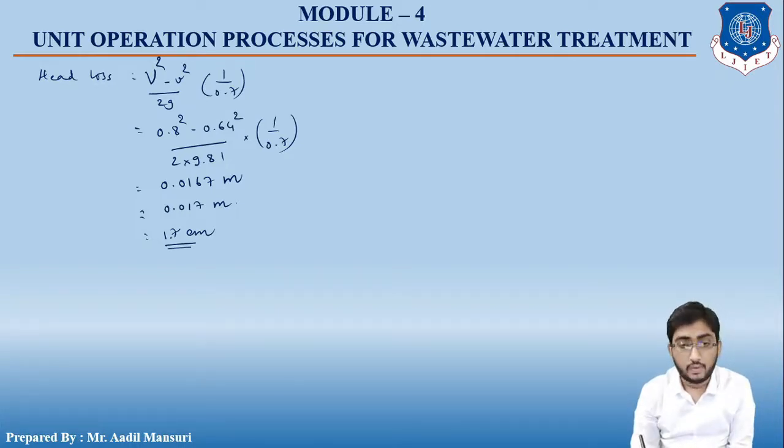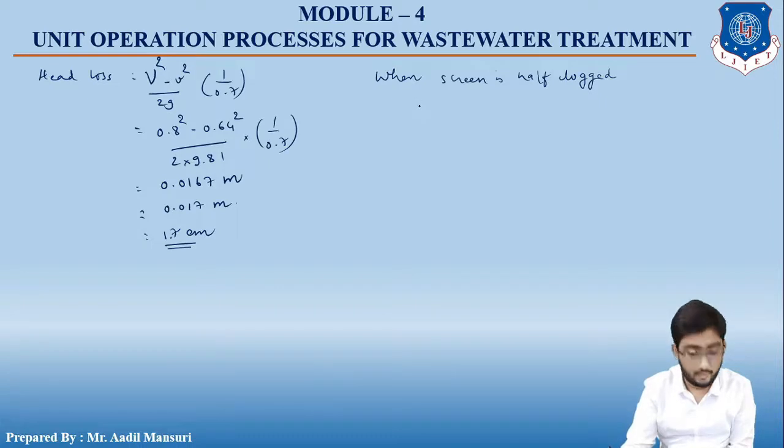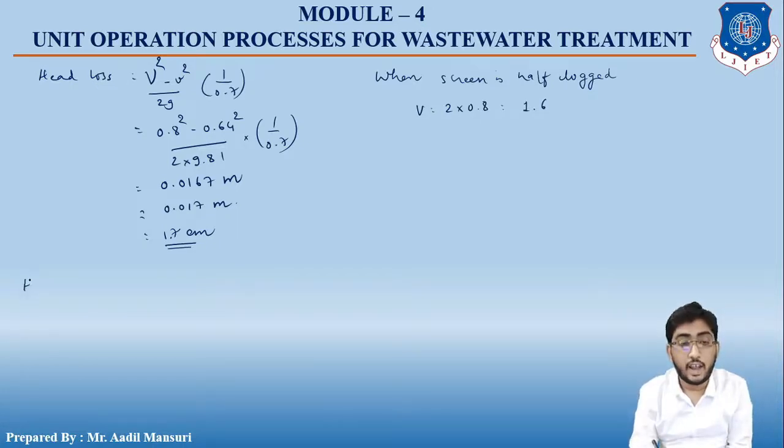Now what if the screen is half clogged? So when the screen is half clogged, then velocity will be double. Okay, so this will be equal to 1.6. So in that case head loss will be capital V squared minus v squared upon 2g into 1 by 0.7.